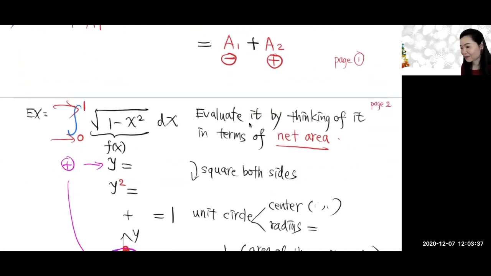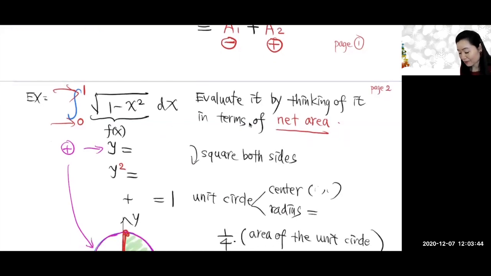The next one, this is an integral. Let's evaluate this integral by thinking of it in terms of area. You might be asked to do something like this in the final.